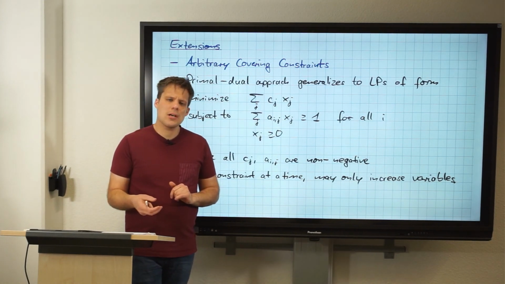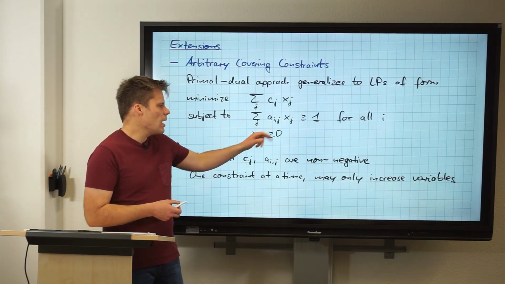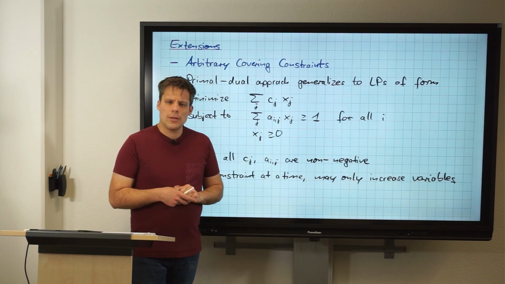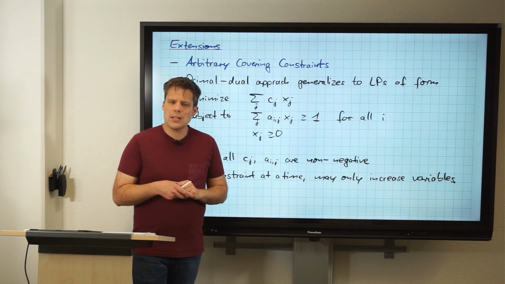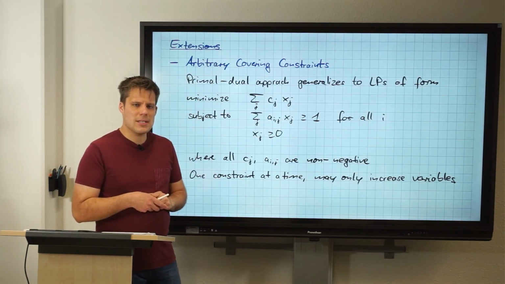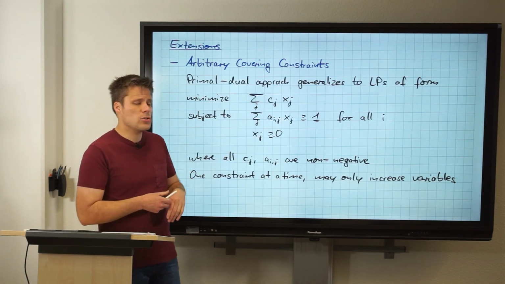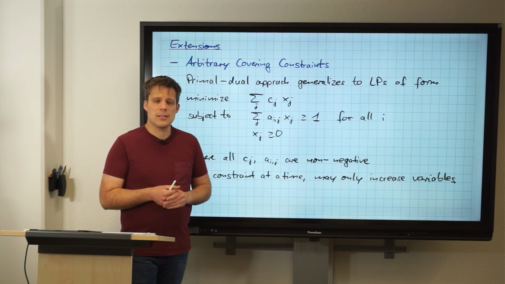There's not much you have to do. In our formula, you only have to include a_ij. The only reason why I didn't present it in this full generality was because I felt this was already complicated enough to understand only for set cover. But if you want to, you can also use it to solve this kind of LPs.